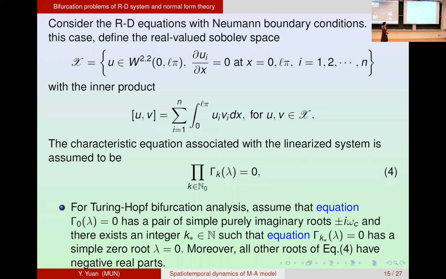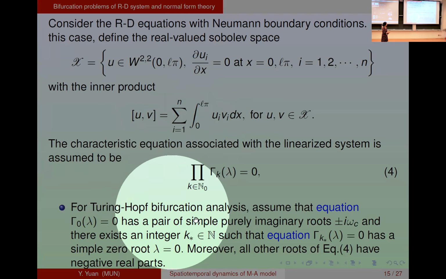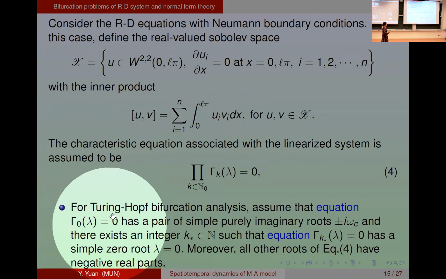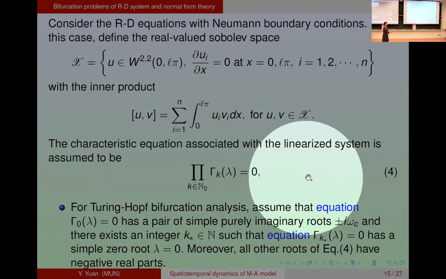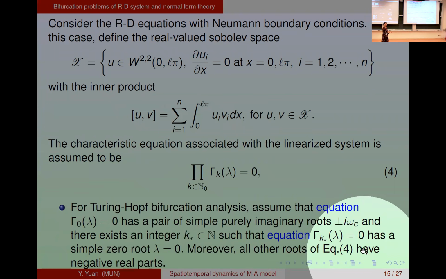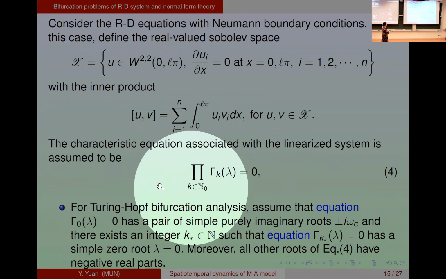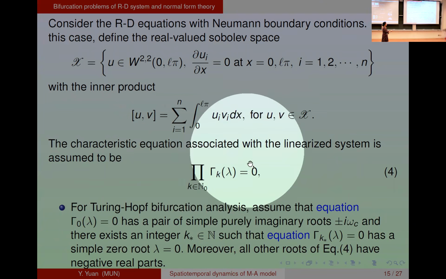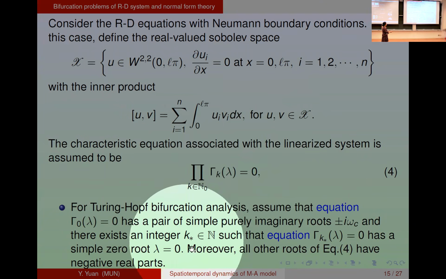And then for the reaction diffusion equation, first we again need to do the space decomposition, right? For the Turing-Hopf bifurcation, which is our main purpose, we assume in the characteristic equation there is a pair of simple purely imaginary eigenvalues in one of these factors, right?